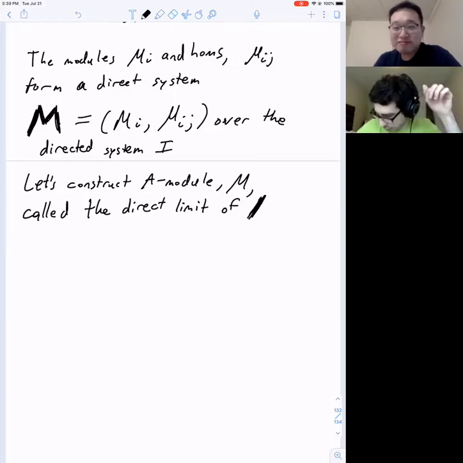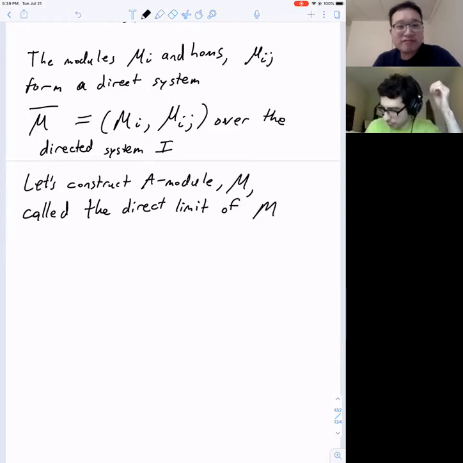How about I write this as M bar. I'll call the direct limit M, but it's the direct limit of M bar. So a sheaf is actually a direct limit. It's an example of direct limits of abelian groups.